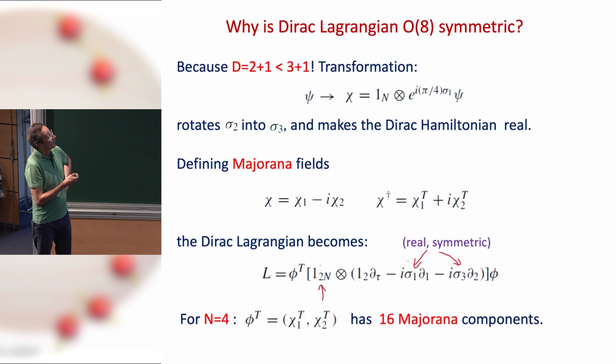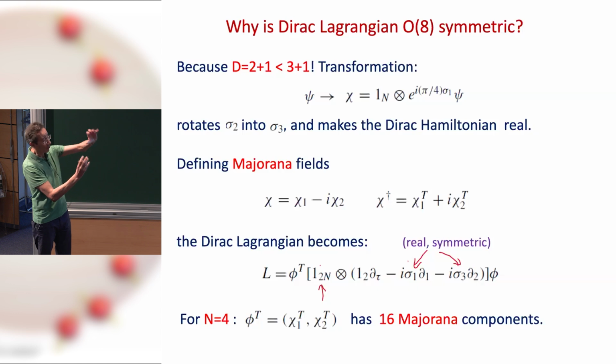And that you can exploit further by essentially introducing Majorana fields instead of the original Dirac fields. So after this rotation, I have some chi. I write it in terms of, if you like, real and imaginary parts. And because the whole Hamiltonian now has sigma 1 and sigma 3, and nothing imaginary among these matrices, in fact, chi 1 and chi 2 are completely decoupled.